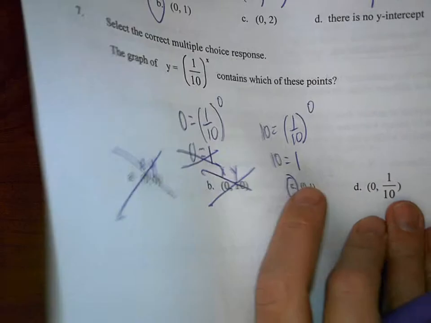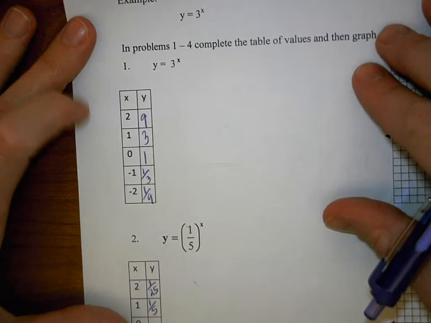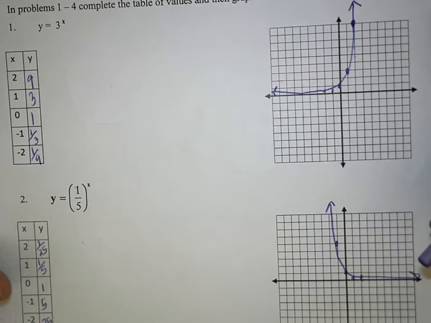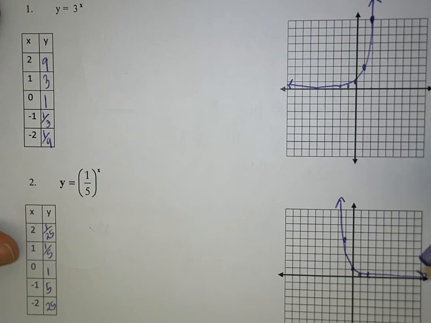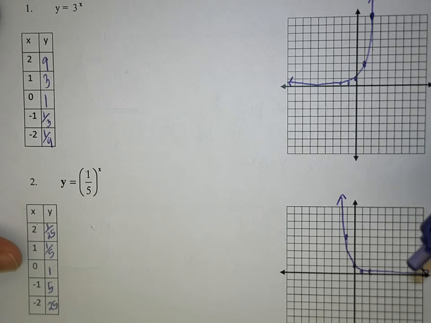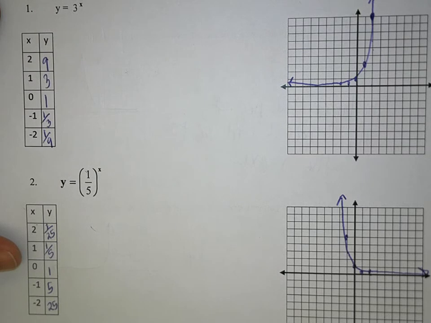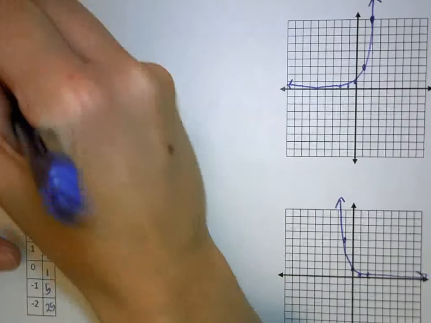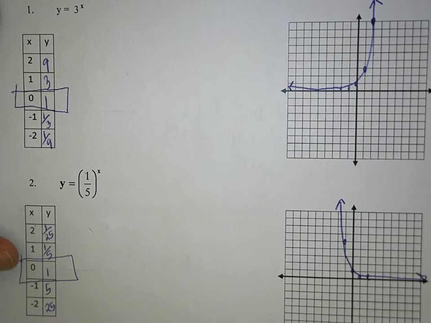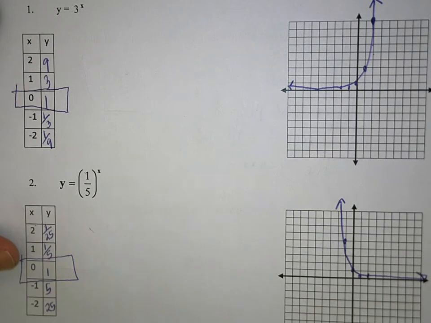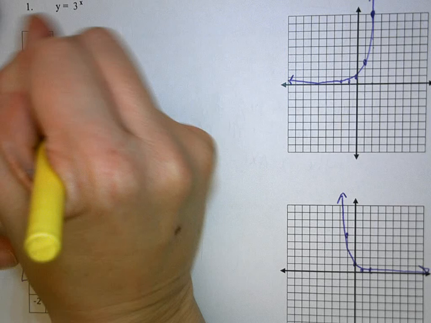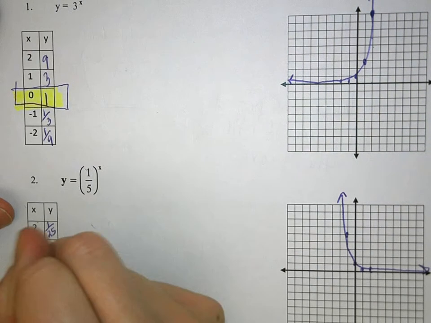If you go back and look at our original graphs that we made, what do you notice about the y-intercepts on both of these graphs? The y-intercepts. No matter what exponential graph, well, it could actually be slightly different.